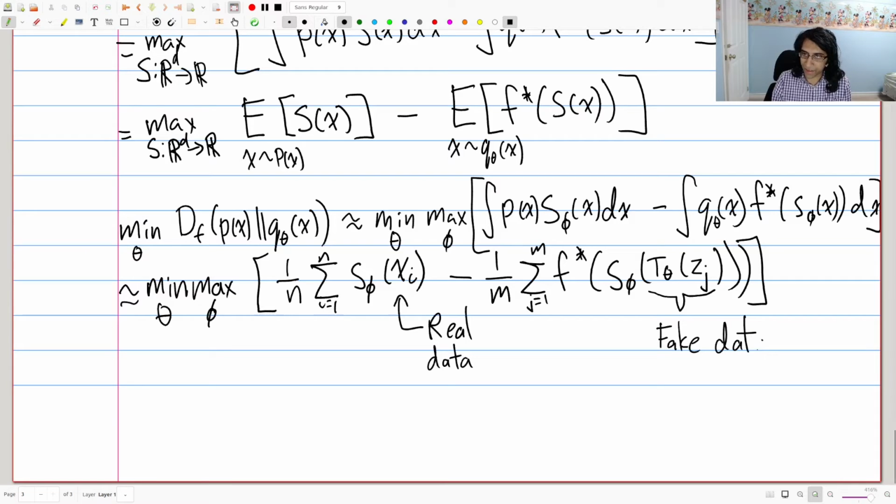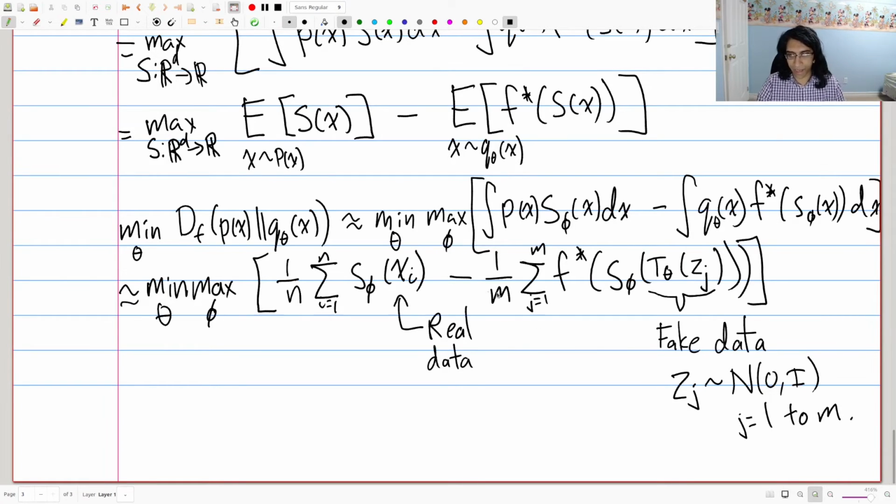Let me be clear that the z_j's are going to be distributed as N(0, I), where j equals 1 to m. So the idea is that we're going to generate a bunch of fake data in order to feed into our network, and this 1 through m here is going to be our real data, which we're also going to feed into this.